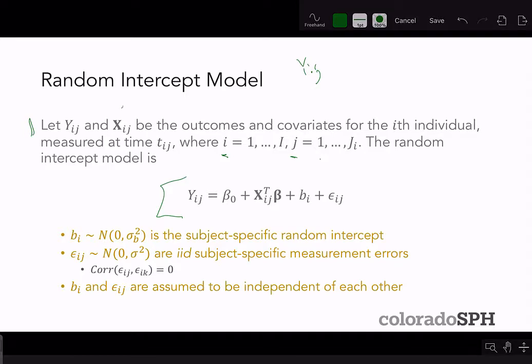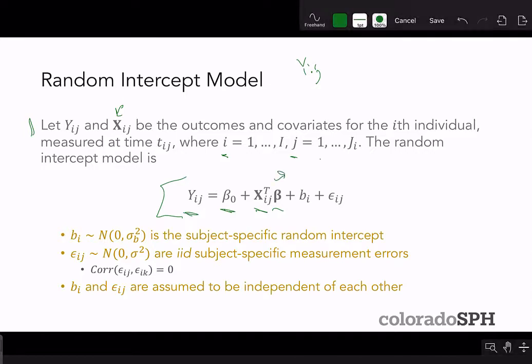Xij is bolded here because this represents a vector of possible covariates. That's going to be size p for the number of different covariates that you have. So the random intercept model is then written out here, where you have the outcome Yij, and then you have a beta 0, which is a population level intercept, and the covariates times each of the betas for that covariate.